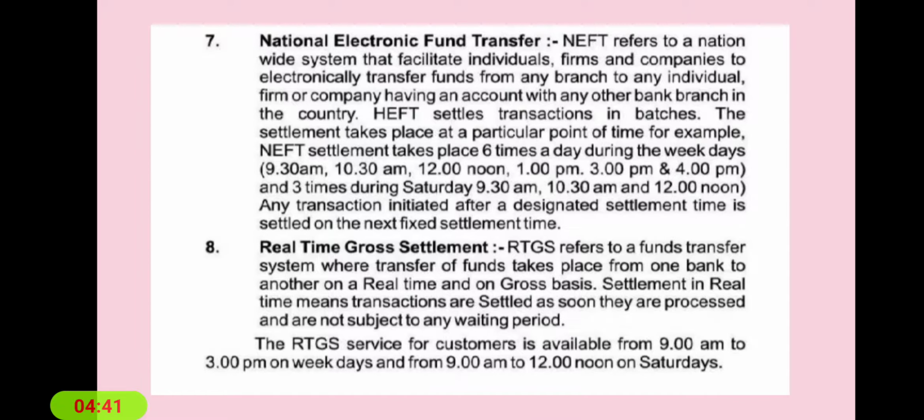It is different from RTGS, real time gross settlement, in that there is no minimum value for NEFT, whereas the RTGS facility is available in over 72,000 branches, whereas NEFT is available in 75,000 branches of banks.